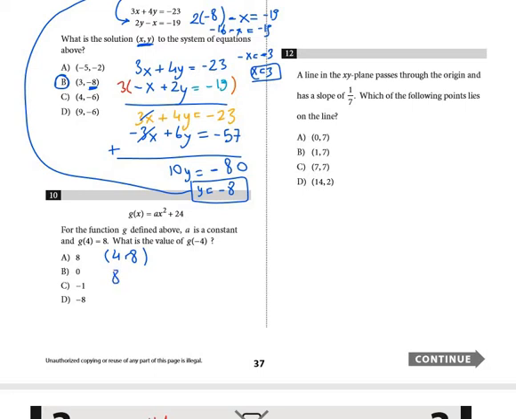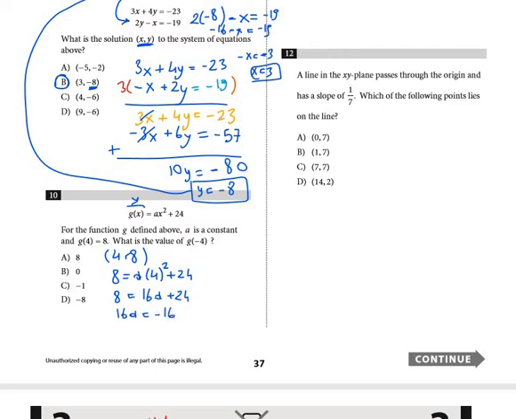Let's do that. So 8 instead of g of x means y equals some function. So a times the given x coordinate 4 squared plus 24. So here 8 equals 16a plus 24. And if you subtract 24 from both sides, 16a will be equal to negative 16.